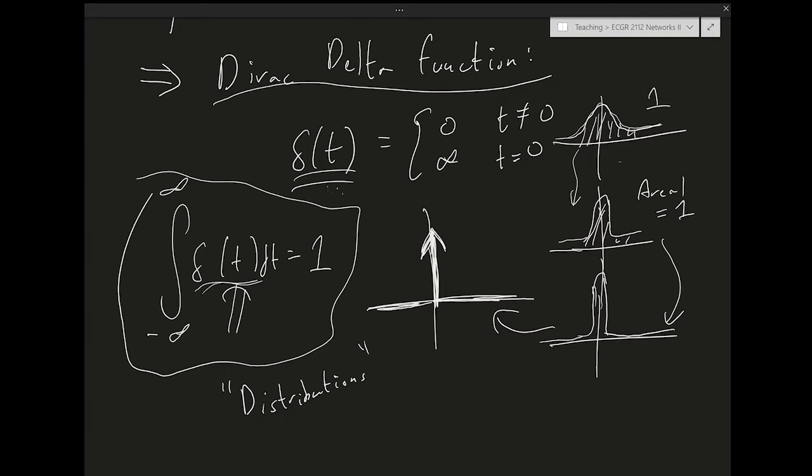But in engineering, what we do is we use it as a shorthand for solving problems, right? And we can adequately imagine it to be a limiting process. So we start with a short, wide function that we make narrower and taller while maintaining the area underneath the curve until we get to this delta of t as the limit of this sequence of functions.